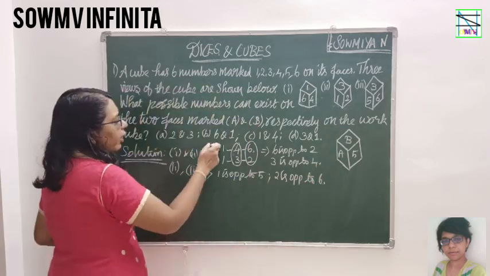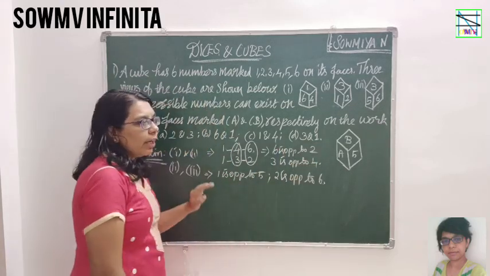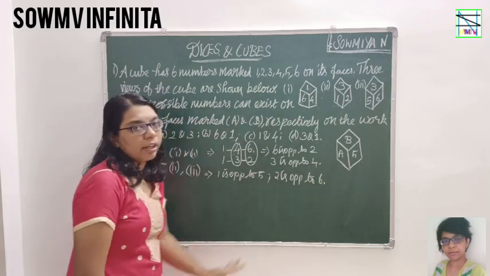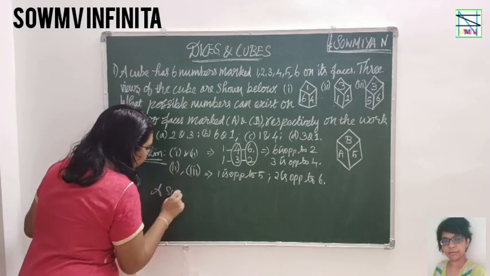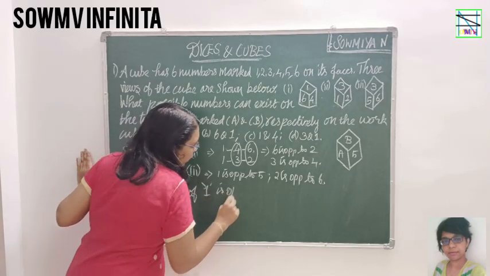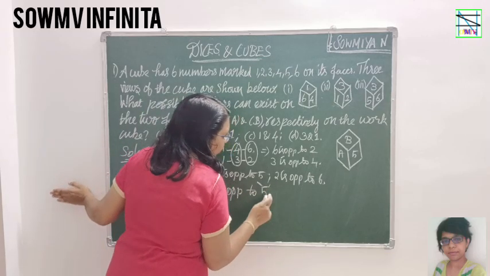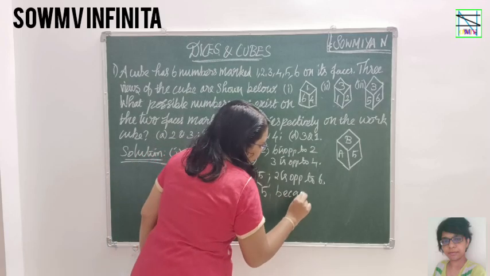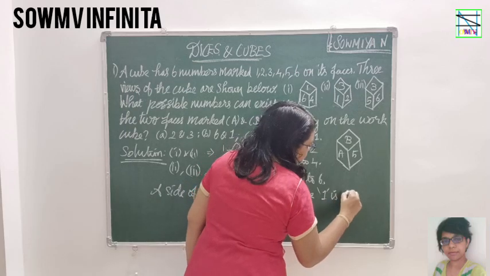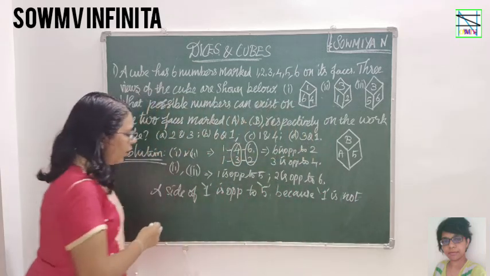Here the options are 6 and 1, 1 and 4, and 3 and 1. So 1 is not the next of A, because 1 is opposite to 5 and 1 is not next to the 5.